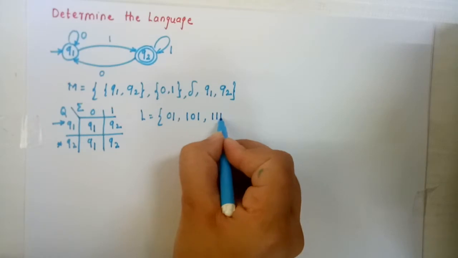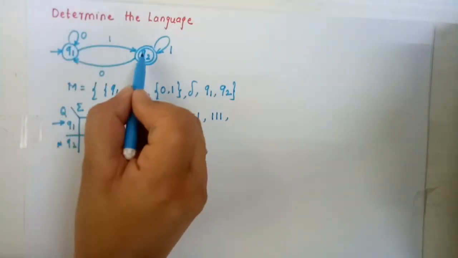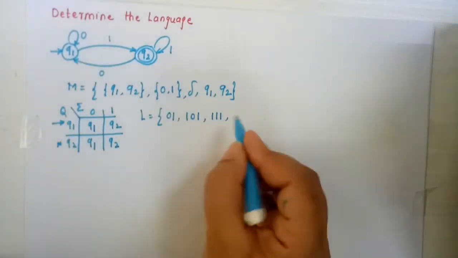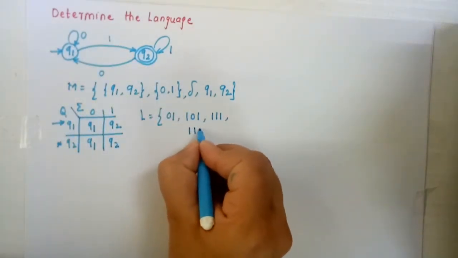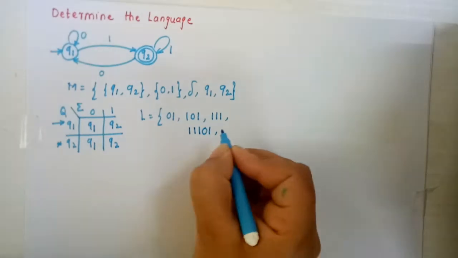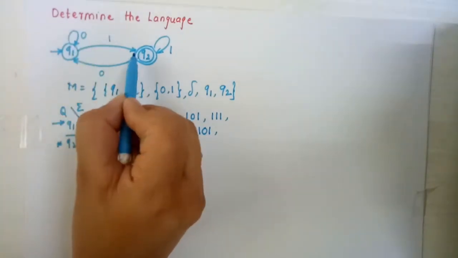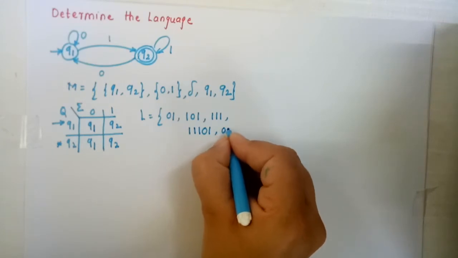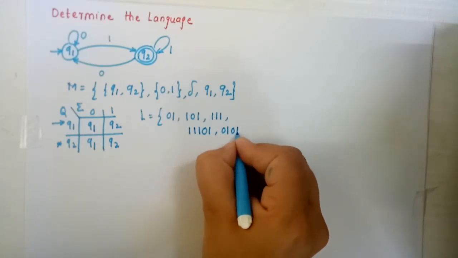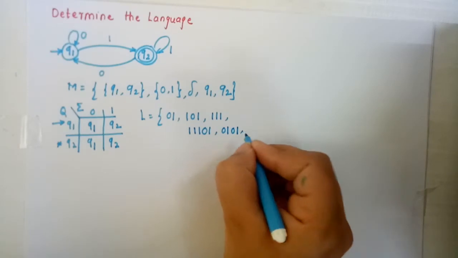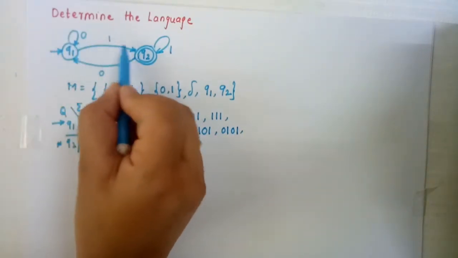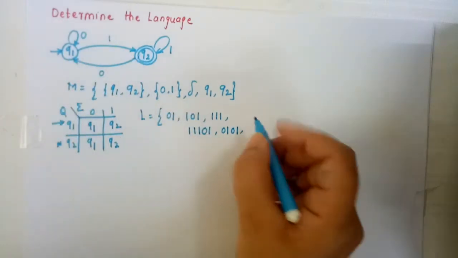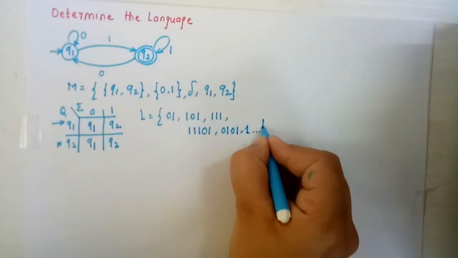Next consider 1 1 1 0 1 1 1 1 0 1. Next consider 0 1 0 1. Next consider 1 only, q1 to q2 state, and so on.